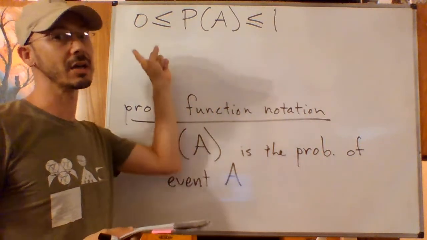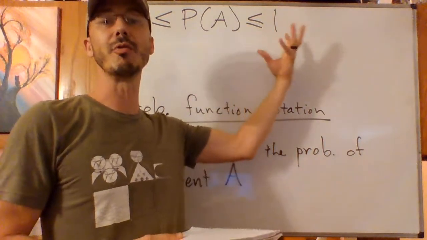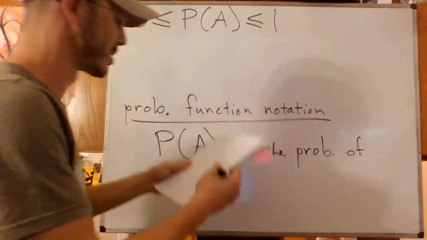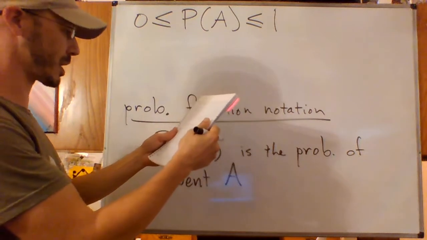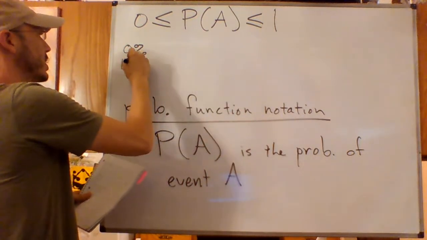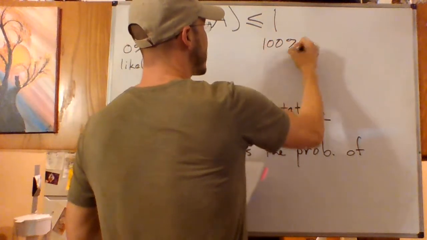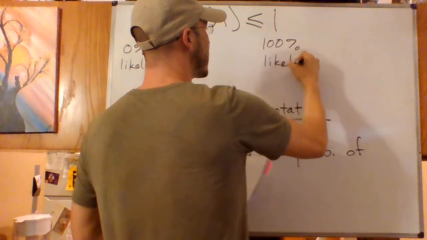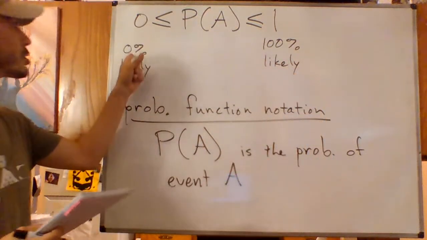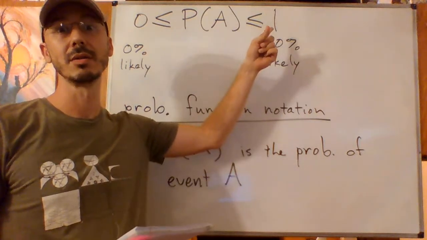It's not negative, it can't go below 0. But a probability can never be above 1. In fact, these two correspond to 0% likely and 100% likely. And those really are the numbers. 0% is 0, and 100% is 1.